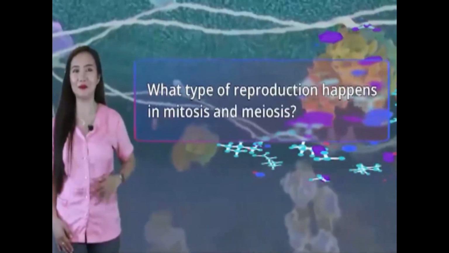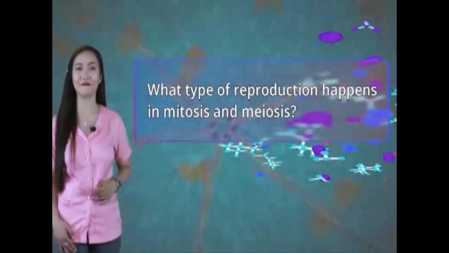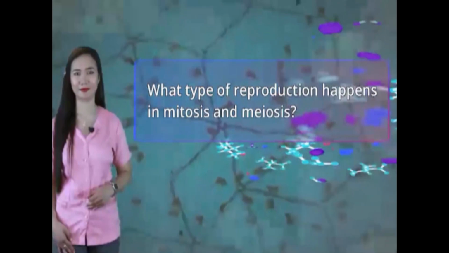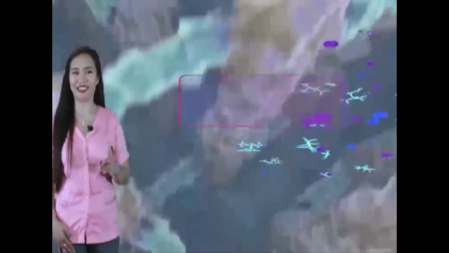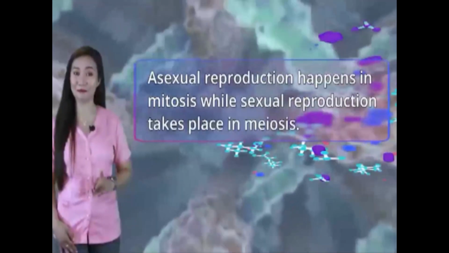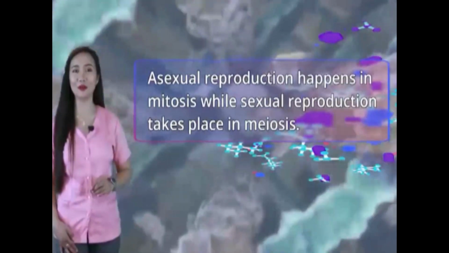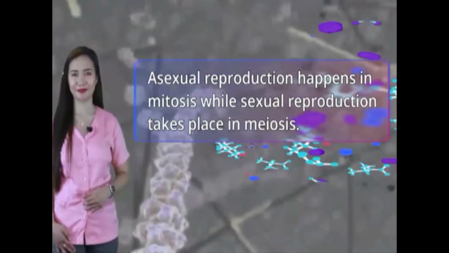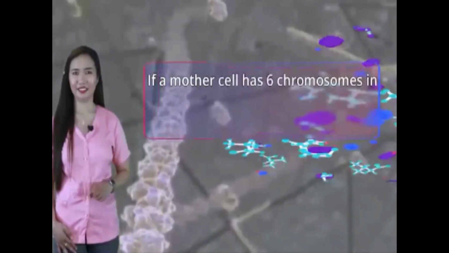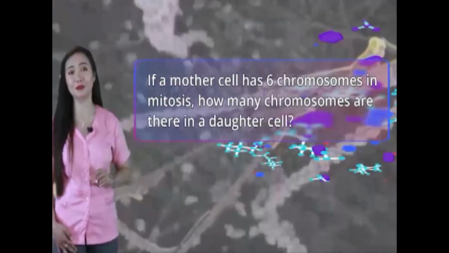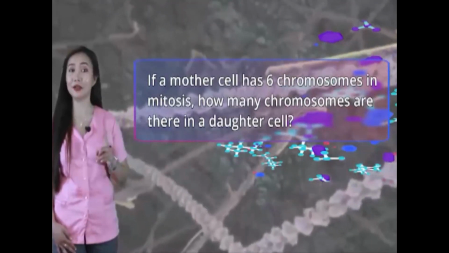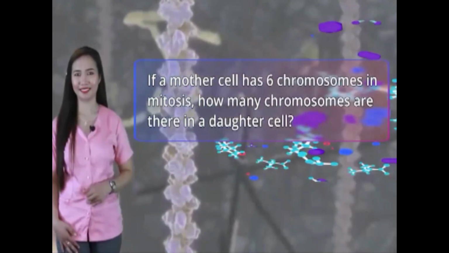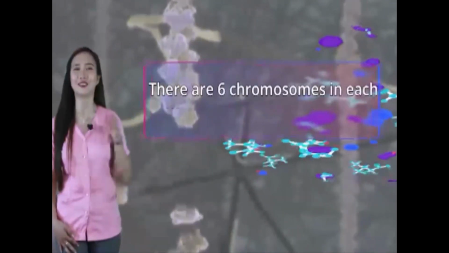What type of reproduction happens in mitosis and meiosis? Perfect! Asexual reproduction happens in mitosis, while sexual reproduction takes place in meiosis. If a mother cell has 6 chromosomes in mitosis, how many chromosomes are there in a daughter cell? Correct!